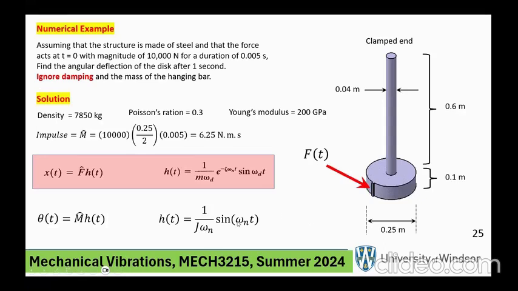How do we find j? J is the polar moment about the axis. So basically we have a fancy torsional spring here. See that? This is our spring. This plays the role of a spring. And we have a formula for the stiffness of the spring, this fancy spring. Okay?